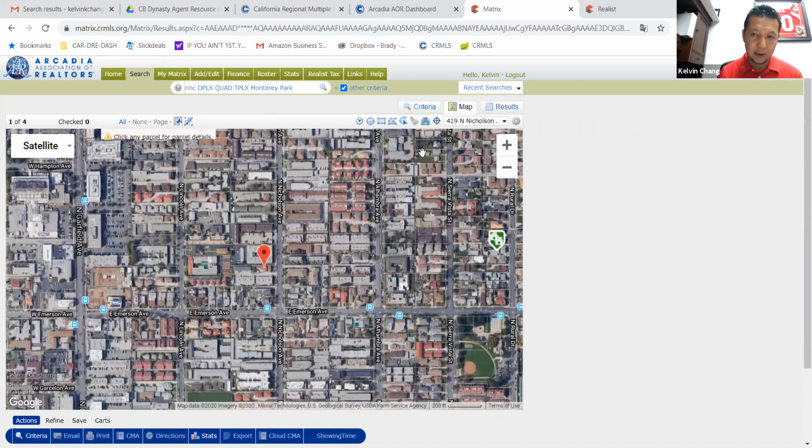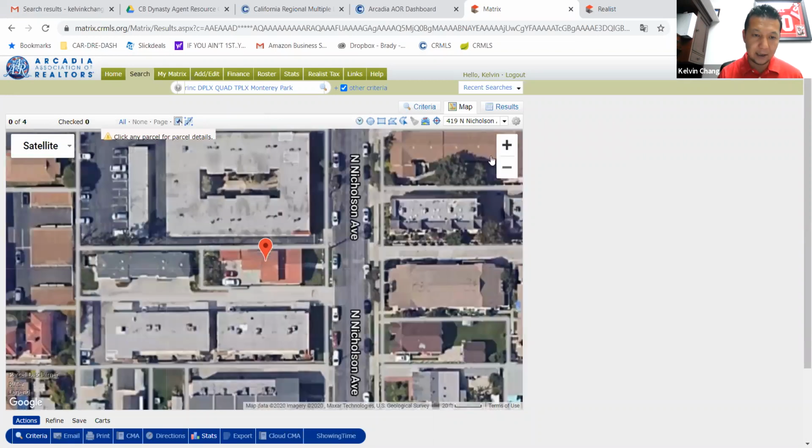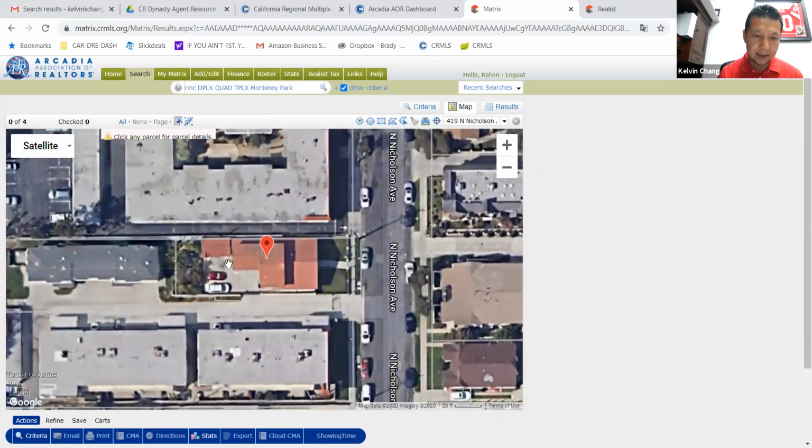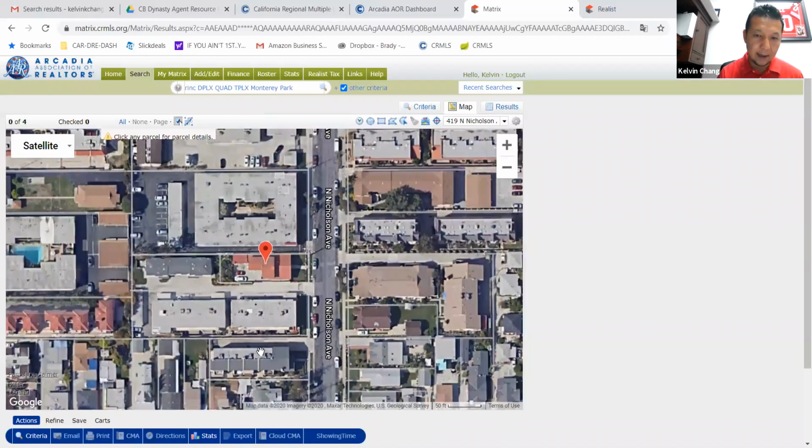So if I do a little Google Maps search or if I dig into the property, you can see an overview. This is the guest house, this is the main structure, this is the garage, and the easement alley. You can see there is a multifamily building here and here, many multifamilies around the area.